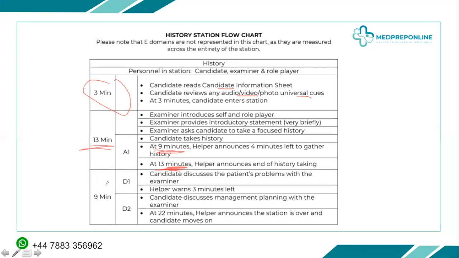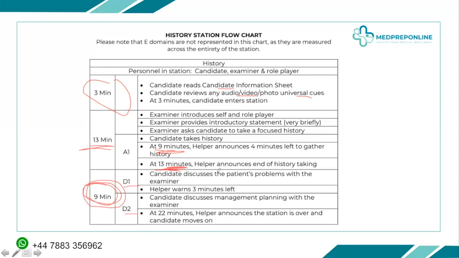Now these 9 minutes are with the examiner. Here the role of the examiner starts. In the previous 13 minutes, the examiner is sitting and just observing what questions you are asking and what you are doing. Now the examiner is asking you about the domains D1 and D2.